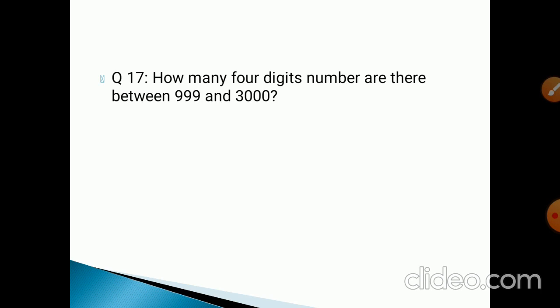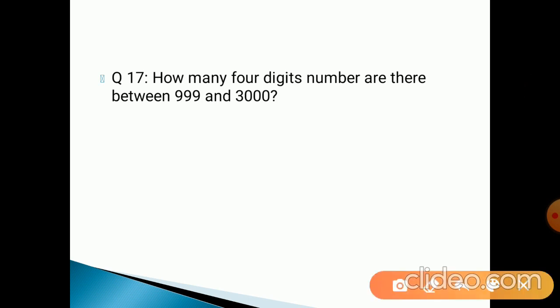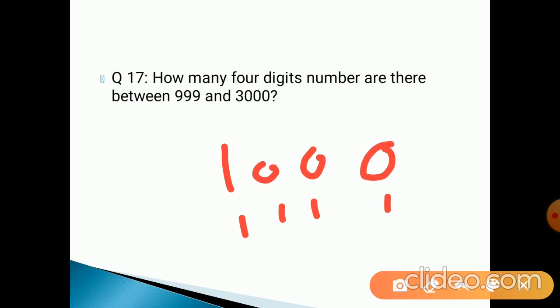Now we will solve the next question. How many 4-digit numbers are there between 999 and 3000? In this question you need to tell that starting from 999 and ending at 3000, how many 4-digit numbers are there. Our first 4-digit number will be 1000. It has 4 digits, 1, 2, 3 and 4, and our last number will be 3000.